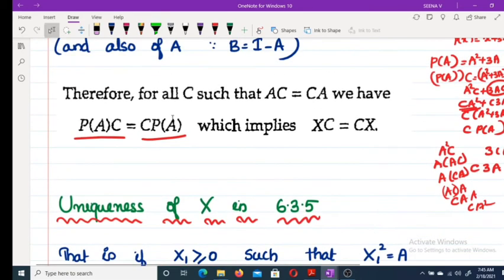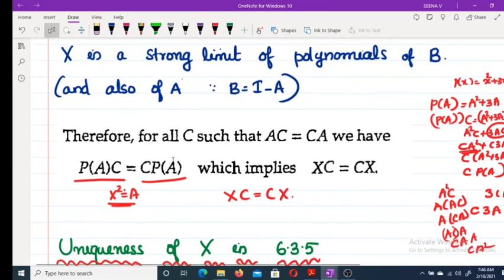Now, therefore, for any polynomial P, if AC equal to CA, we have P of A, C equal to C P of A. Okay, we have this result, which implies what is x? X is root A, so x square is equal to A. Therefore, we can replace xc equal to cx.